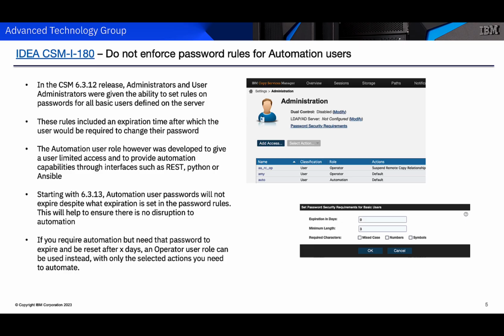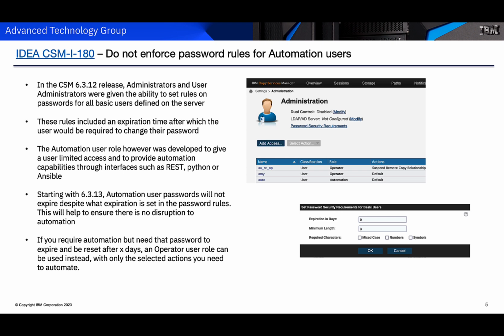Well, customers loaded that and they said, I have an automation user and I really don't want it to apply to this because it's going to break my automation. I'll be running along. If I have a 3-month expiration on my passwords, my automation is going to break and I have to remember to go change it.